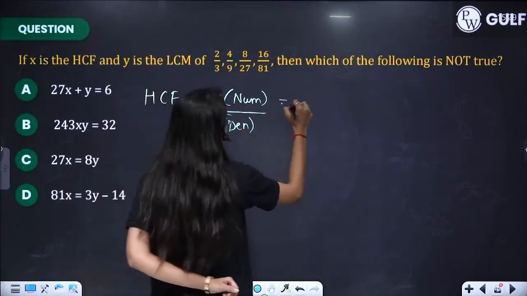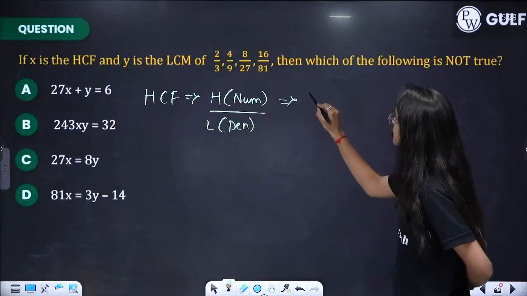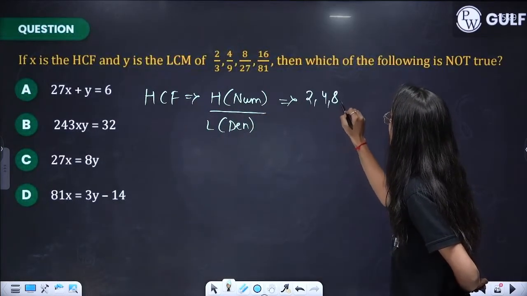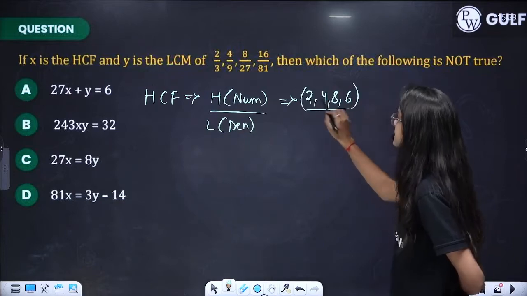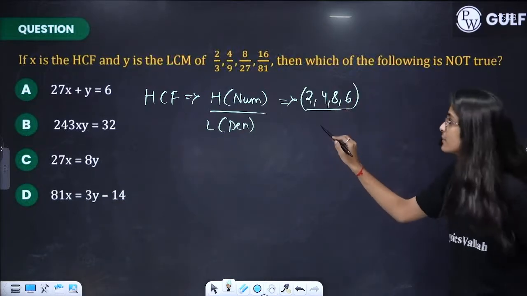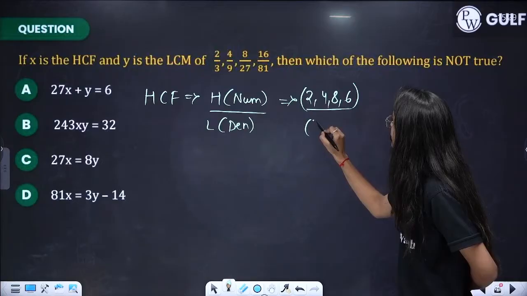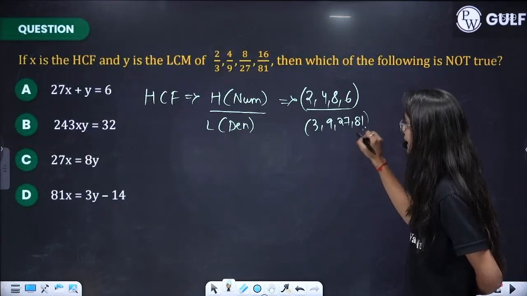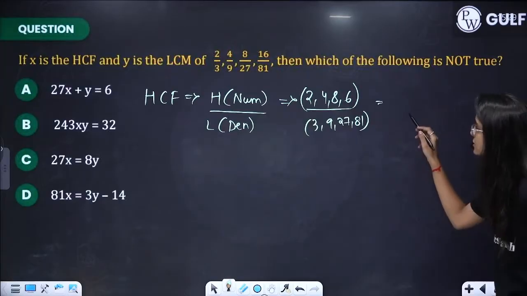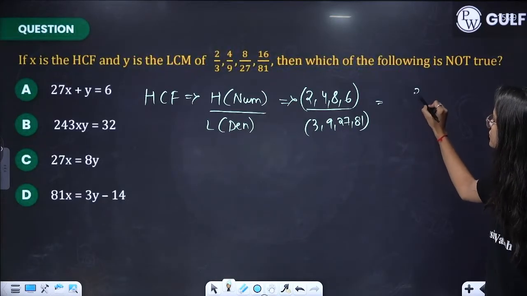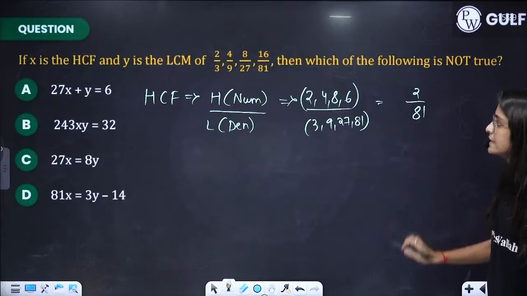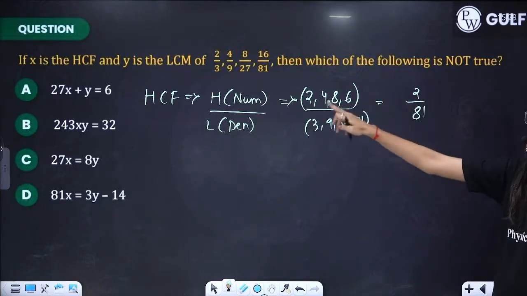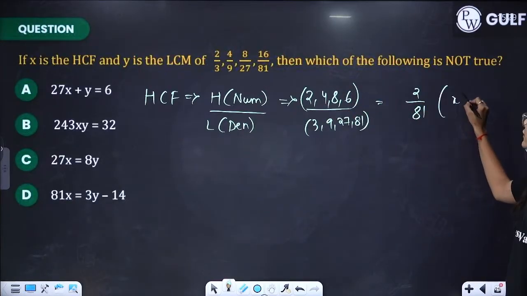Okay, finding that over here, you'll get HCF of the numerators as 2, 4, 8 and 16. Like you have to find the HCF for these 4 numbers, and LCM of 3, 9, 27 and 81. So the highest common factor it says over here is 2, and here you have 81. So this will be the HCF, or you may say this is the value of X.